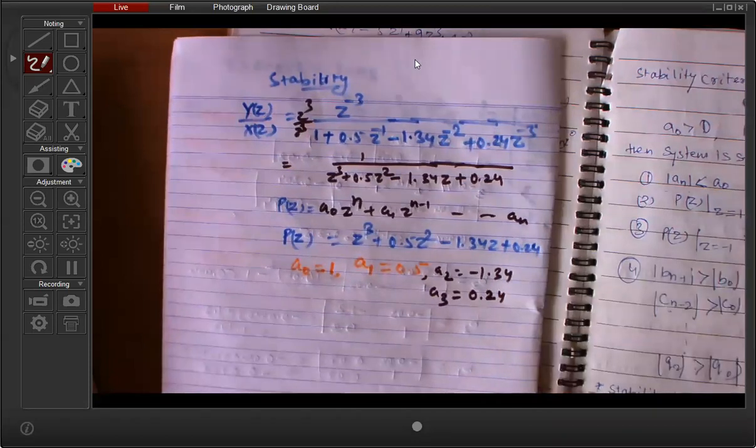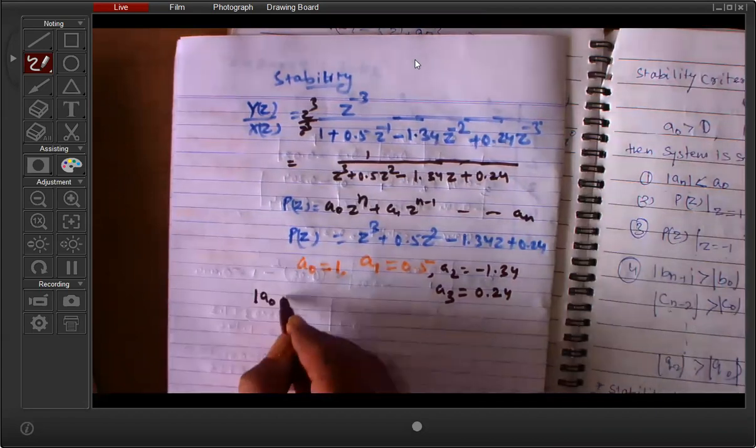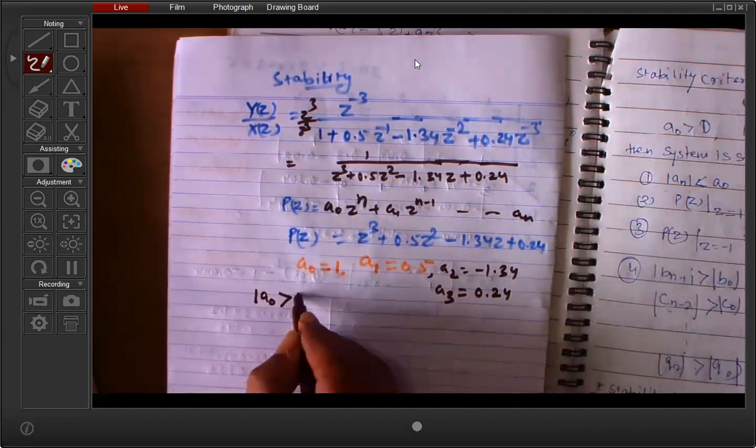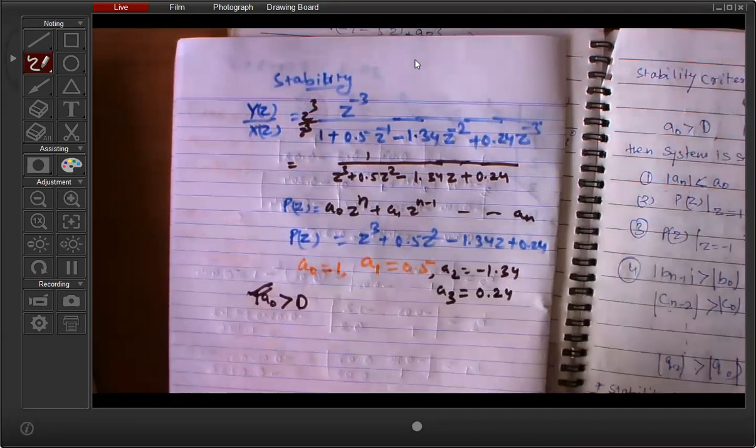Now tell me, what are the conditions of the Jury stability test? First condition: is a naught greater than 0? Yes, sir, because the magnitude of a naught is equal to 1. So this condition is satisfied.